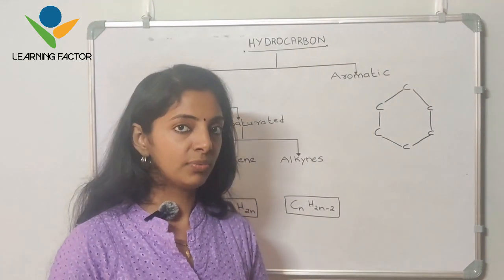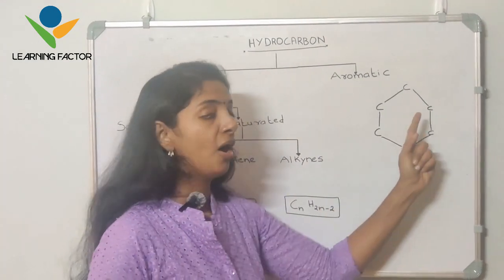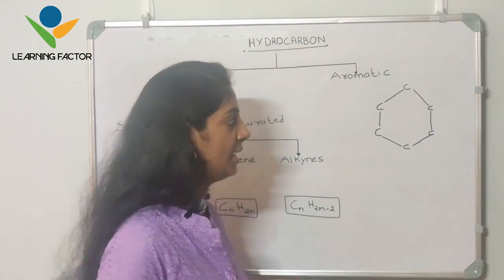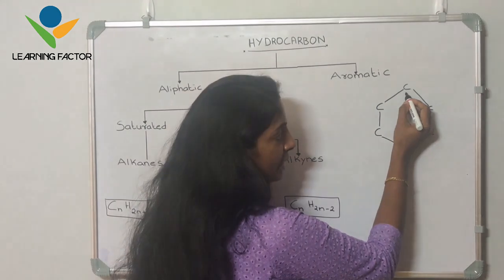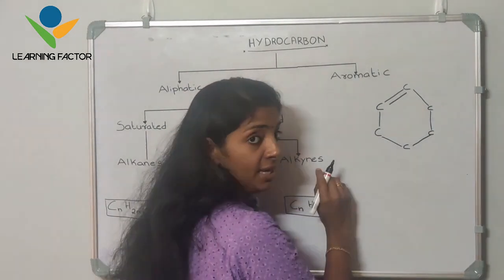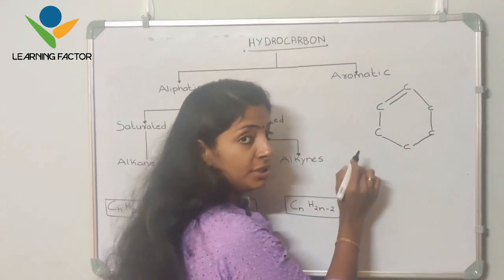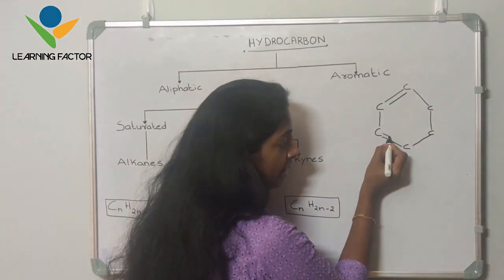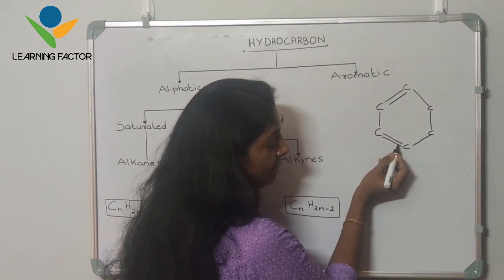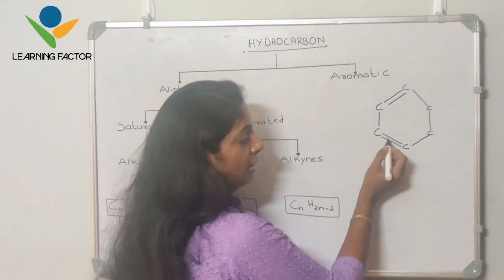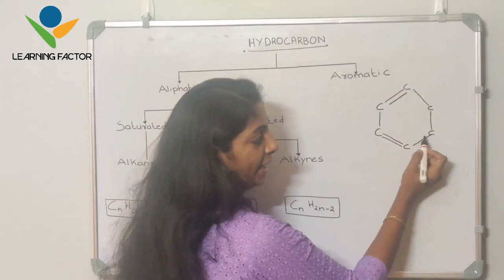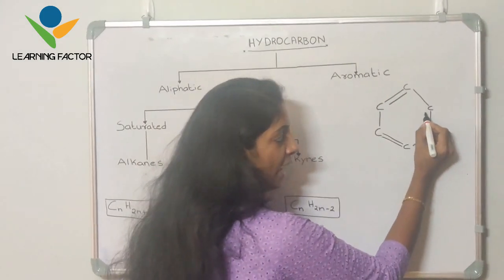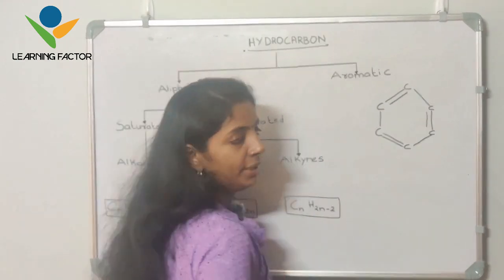Next we need to put alternate double bonds. If you start the double bond from here, leave the next carbon, and from the second carbon put one more double bond, and again leave this one and put one more double bond here.